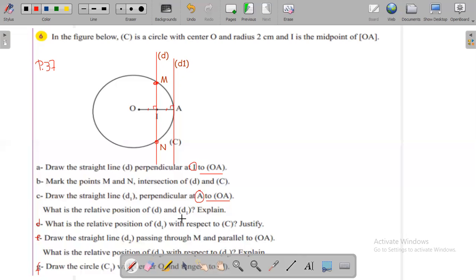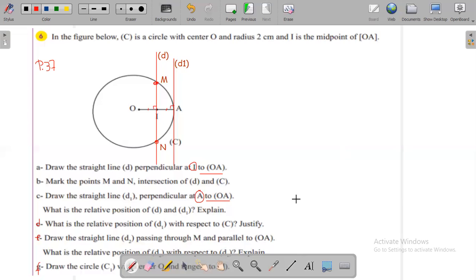If the question were the relative position of D with respect to C, the answer would be secant, tangent or exterior, because we are talking about a straight line and a circle. But here we are talking about D and D1, so the answer should be perpendicular or parallel.